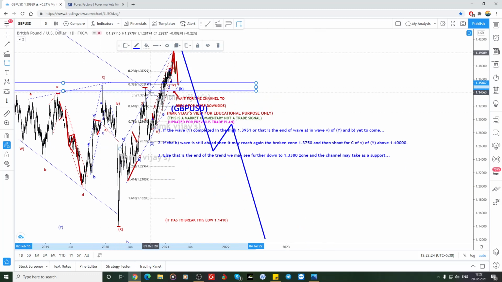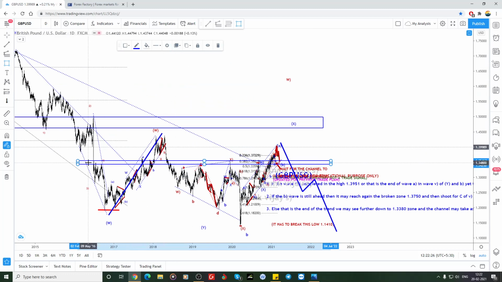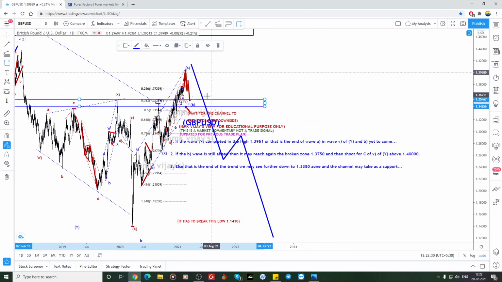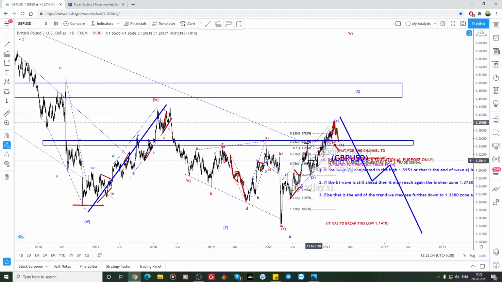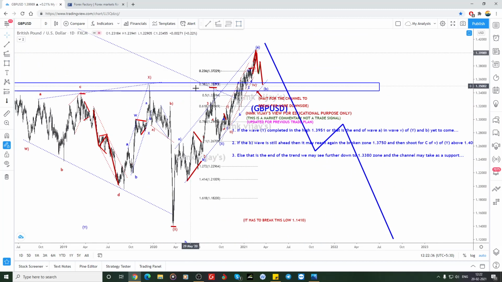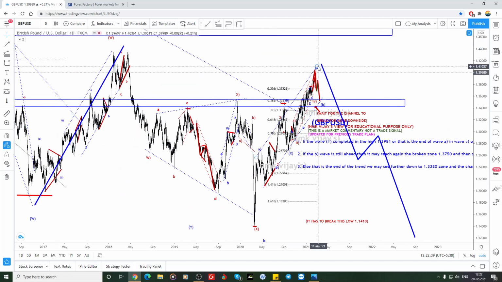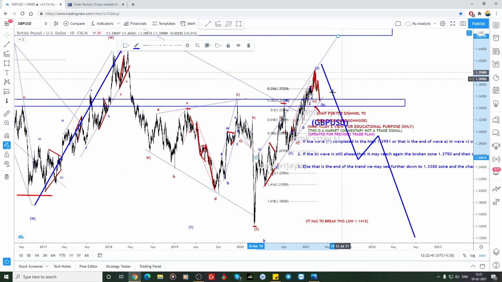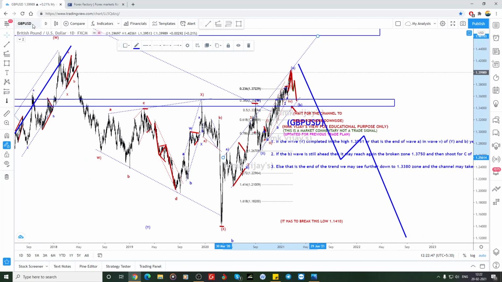This zone here also has a lot of spikes near it, and it is accepting this support zone. So after that it will take support, and this trend line is also coming, so it may take support, and again we may see it has to break this. Let's see how it moves.